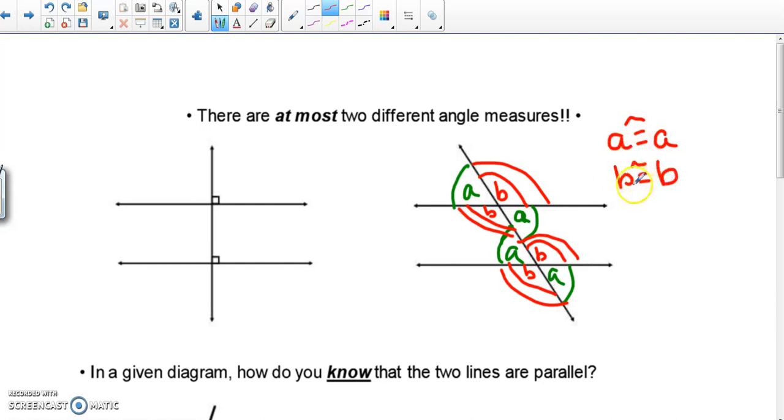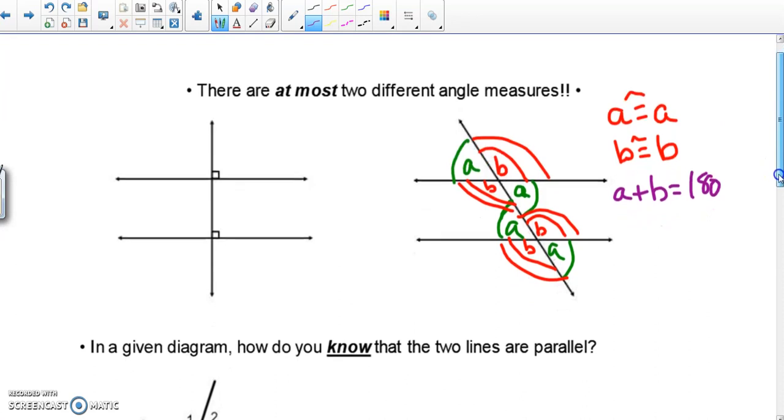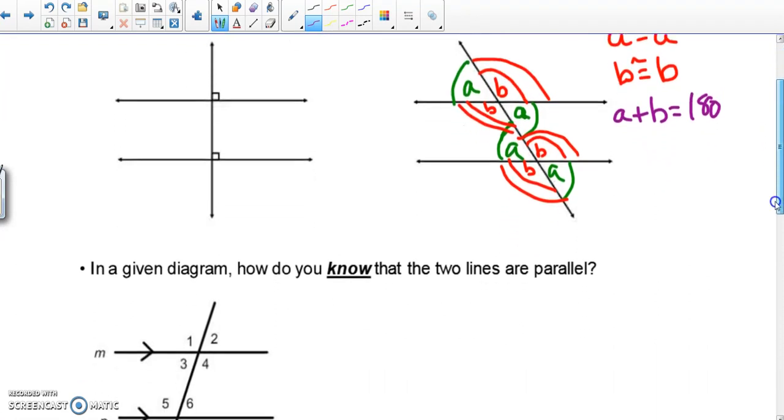Everything with a B is always congruent. And an A plus a B, no matter where they are, always equals 180. They're always supplementary. So that's maybe a good strategy to look at for your homework tonight.